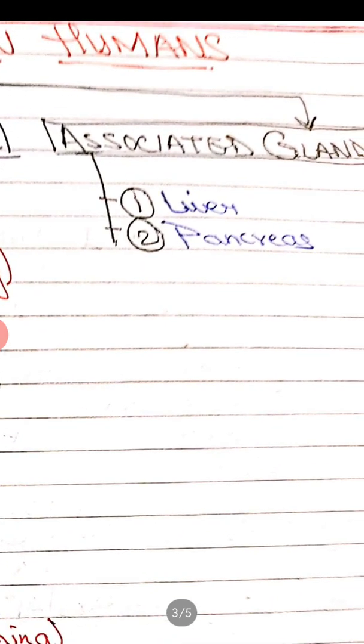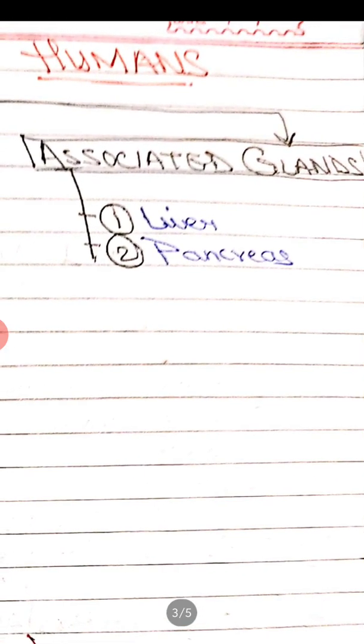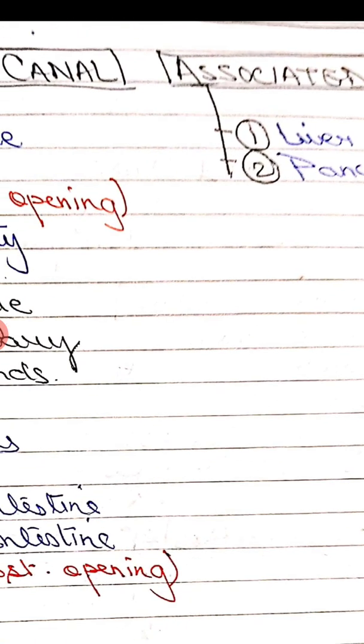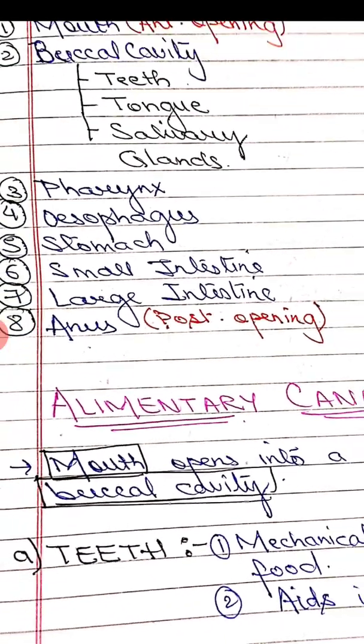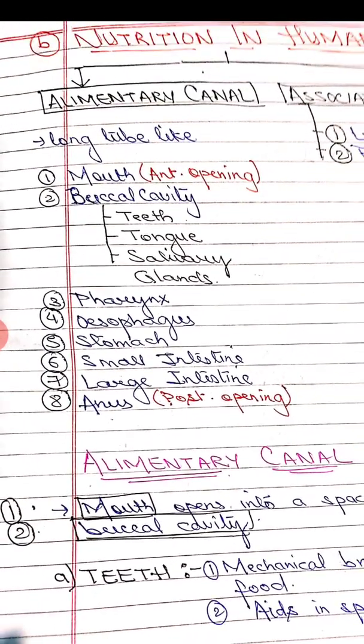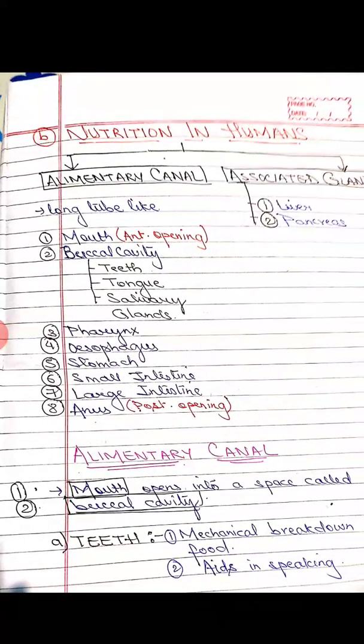Now if we talk about the associated glands in the digestive system, there are 2 glands: the liver and the pancreas. Note that the liver is the largest exocrine gland in the body, and the pancreas is known as a mixed gland. Now we are going to discuss the alimentary canal in detail.